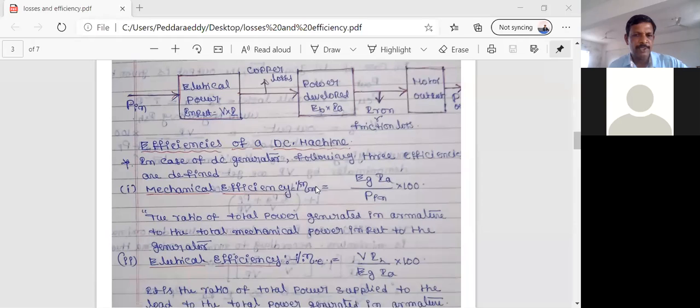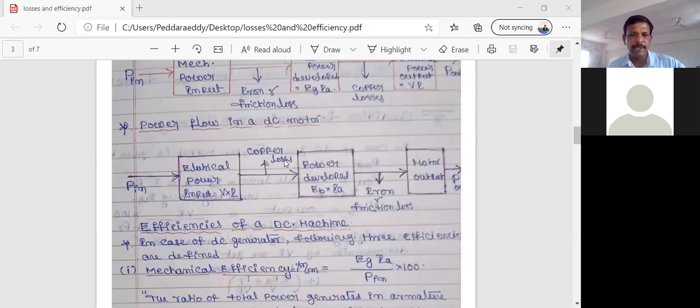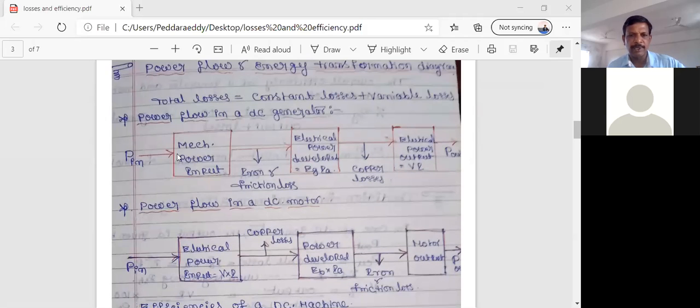Mechanical efficiency is equal to EG IA by P input, into 100. Here P suffix in is the input power, and EG IA is the power developed in the armature. So this is the generator.